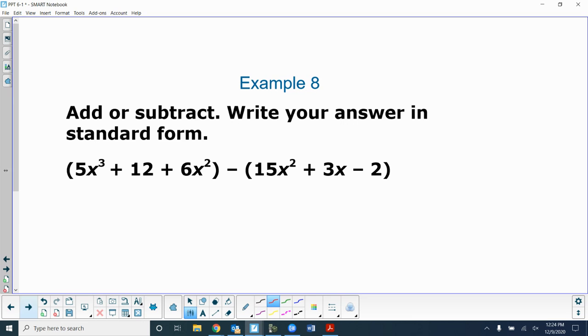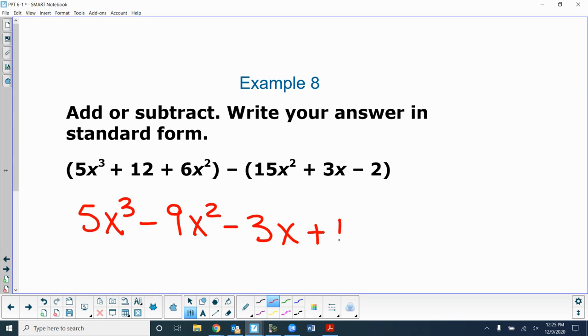Go ahead. 5x squared. Eight. What would that be? One more than 8. 9. Plus 3x. Oh, minus 3x. I'll do it. 14. Very good. Plus 14.